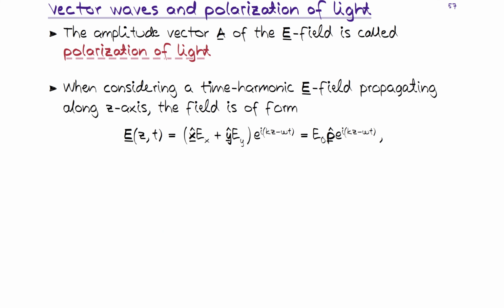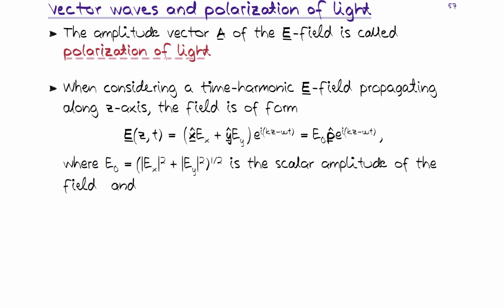Here, E naught is the modulus of my vector amplitude, so it's the square root of x squared plus y squared. This is the scalar amplitude of the field, giving me the strength of the field, and this p hat, my polarization vector, gives me the actual information of how the field oscillates, in which direction or in what way, in the plane transverse to the direction of propagation.